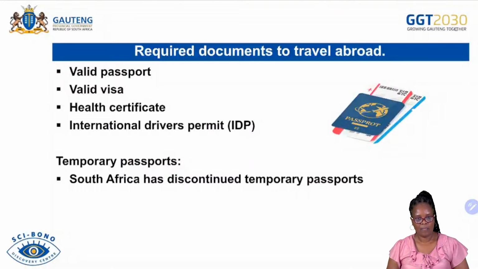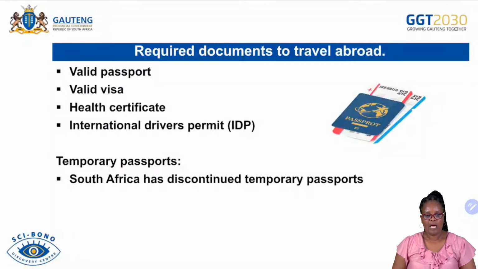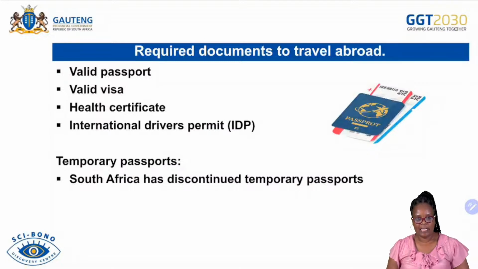Non-compliance with these travel documents when you are traveling internationally will lead to you being detained in quarantine in that country, and you can be refused entry into that country because you will not have those documents.